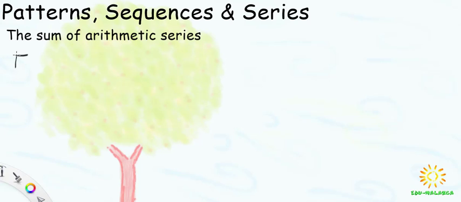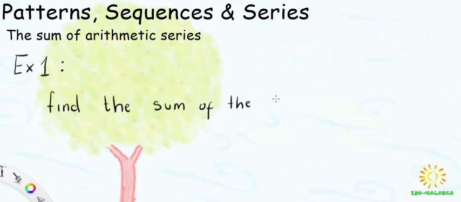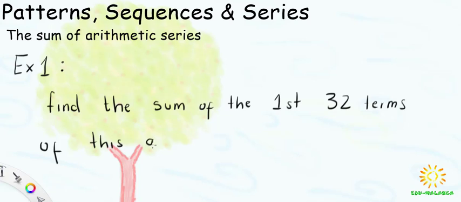The first example we're going to solve, example 1, the question looks like this. Find the sum of the first 32 terms of this arithmetic series, because we're looking at arithmetic series.